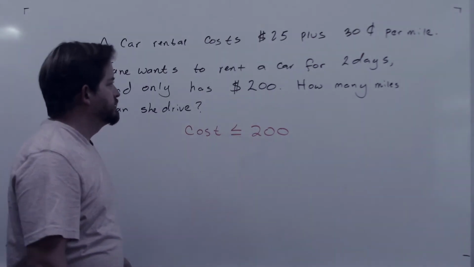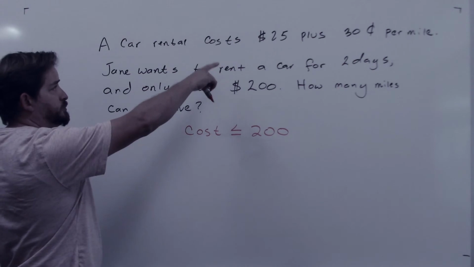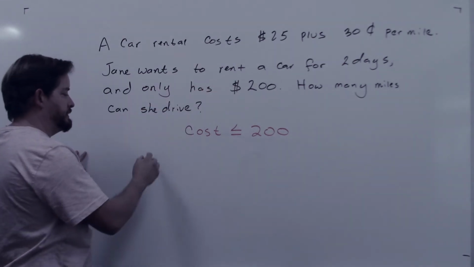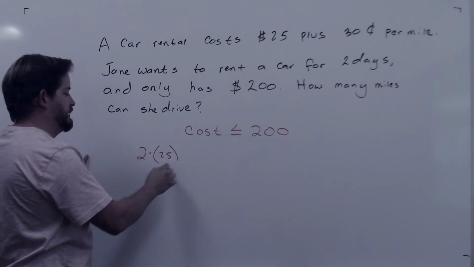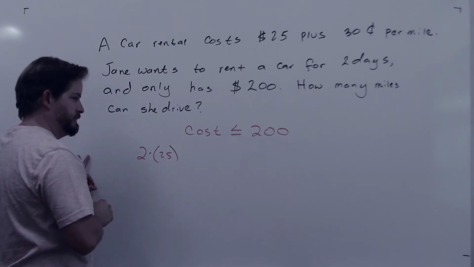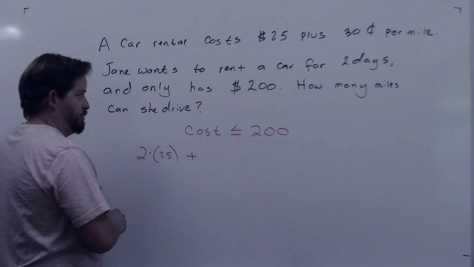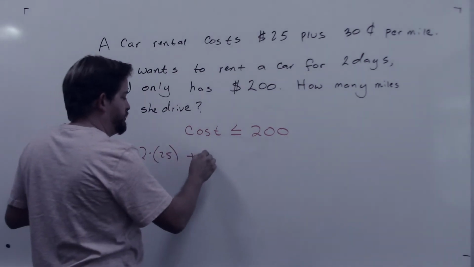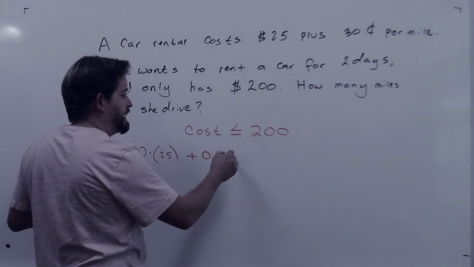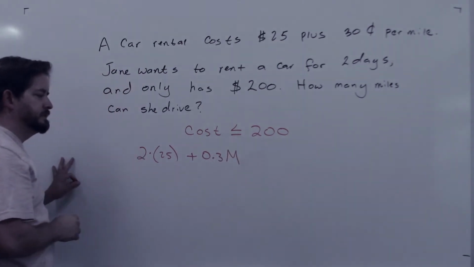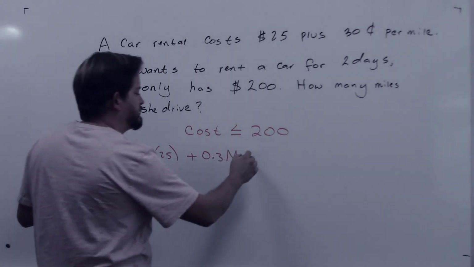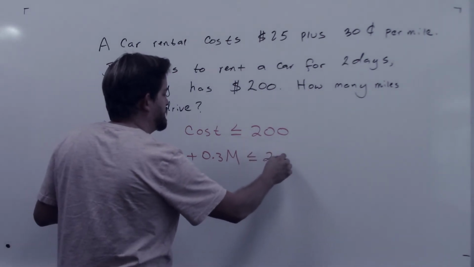So the cost of the car is $25 per day, but she's renting it for 2 days. So that's 2 times 25, 2 days at $25 a day, plus 30 cents per mile, so 0.3 times M. Let's call it M just for fun. That has to be less than or equal to 200.